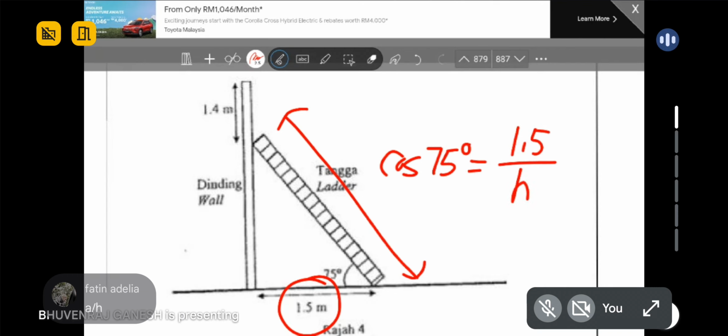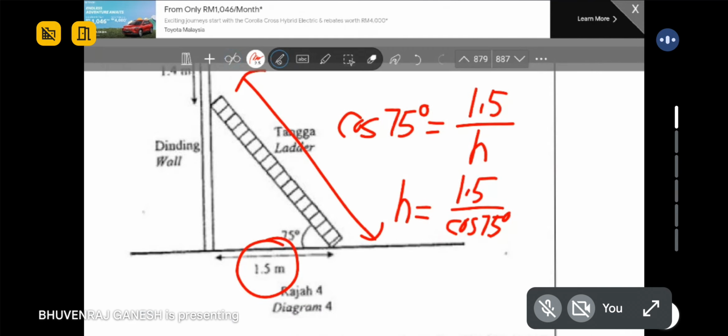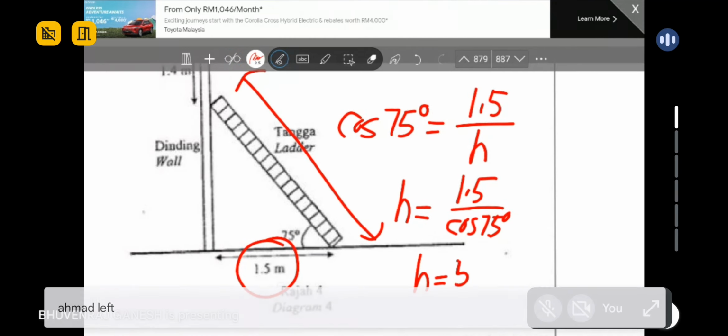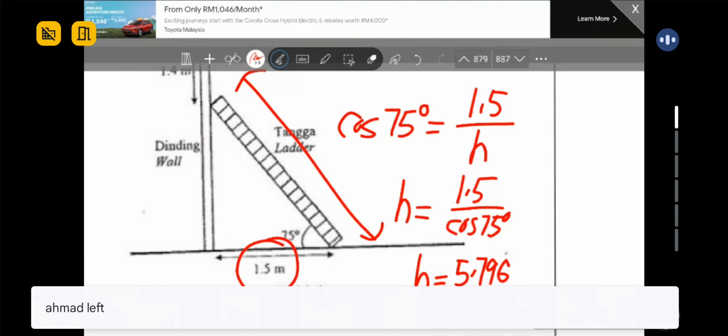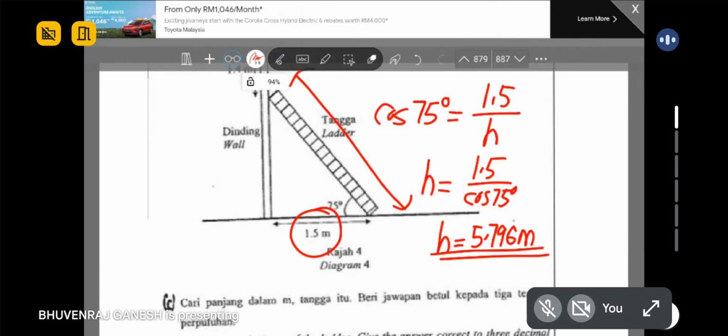Oh, this is a trial question guys. Soalan percubaan. So that's why they actually take from trial question one. Okay, so H is actually 1.5 over cos 75. So jawapan dia, you should get 5.796 meter. Okay, this is your length of ladder, panjang tangga.